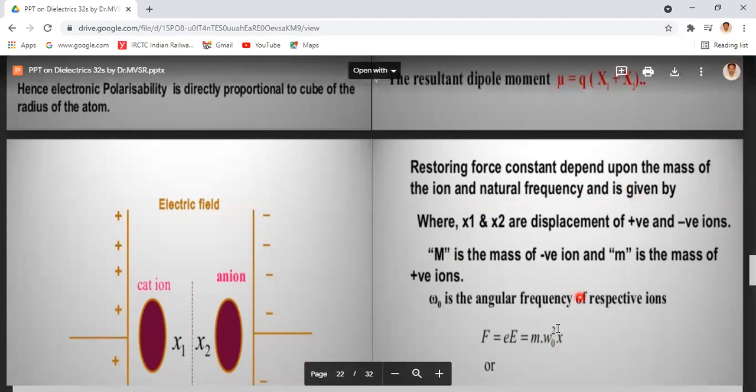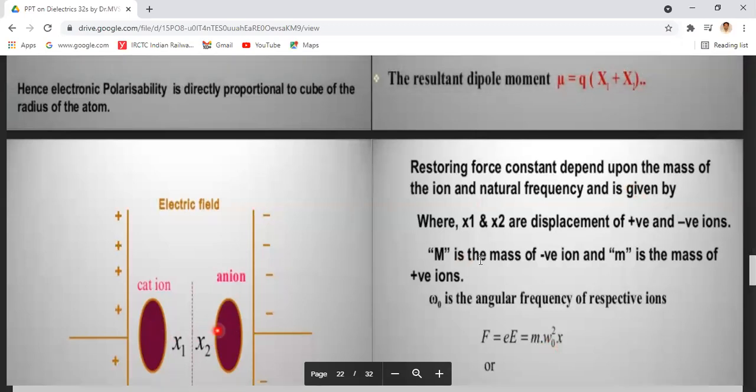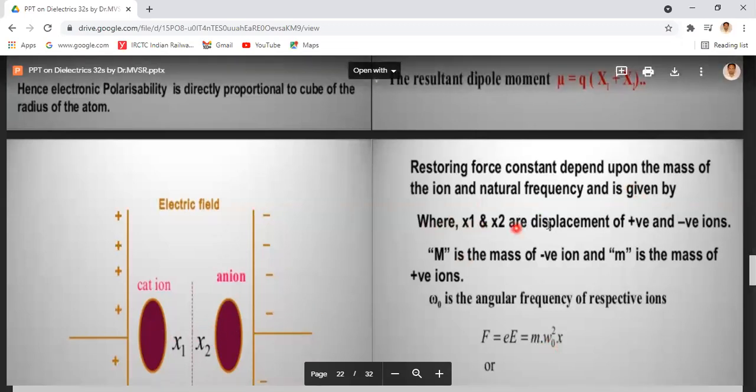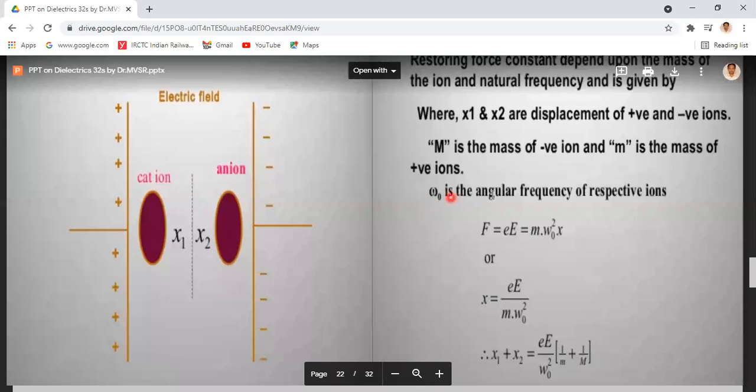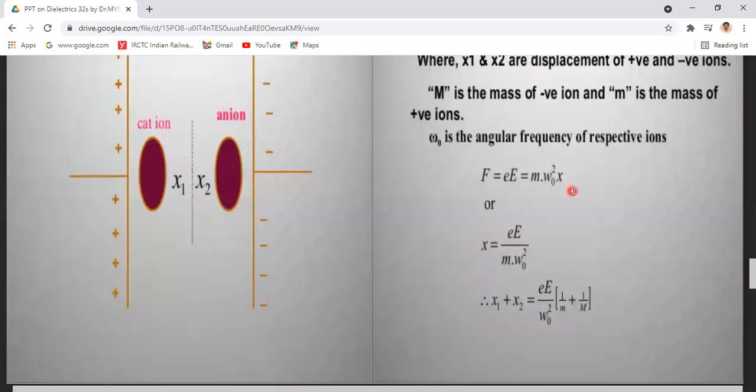Here x is the distance between the two ions, x1 plus x2, where x1 and x2 are the displacements of the positive and negative ions, and m is the reduced mass of this dipole. Capital M is the mass of the negative ion, small m is the mass of the positive ion, and omega naught is the angular frequency of the respective ions.